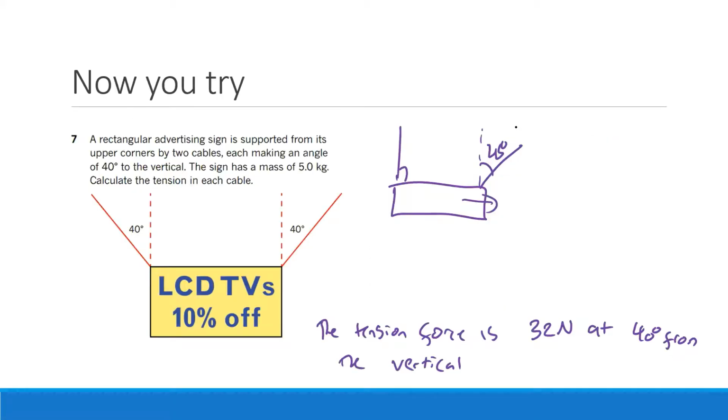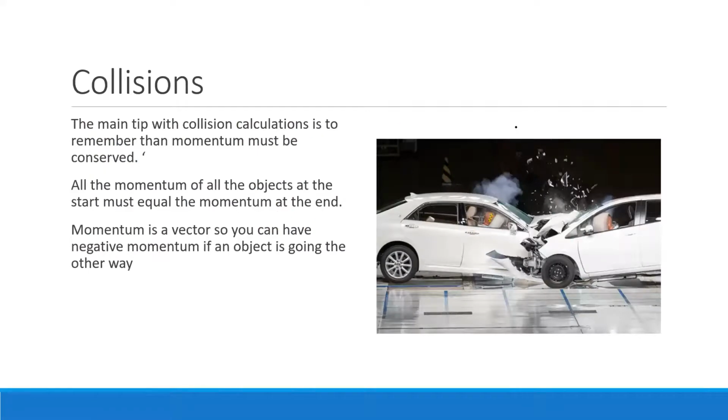Now, as I said to you guys already, collisions are something that we've talked about already. There's nothing new to copy down here. I'm just restating the facts here. The main tip with collision calculations is to remember that momentum must be conserved. That means that, what does that mean? Momentum being conserved? That means all the momentum of all the objects at the start must equal the momentum at the end.